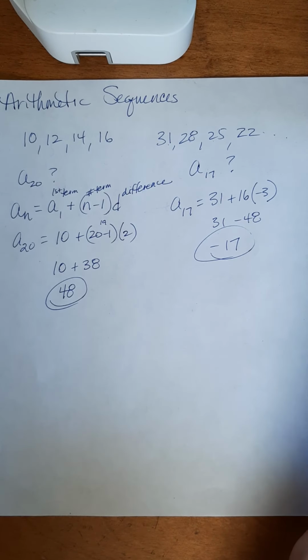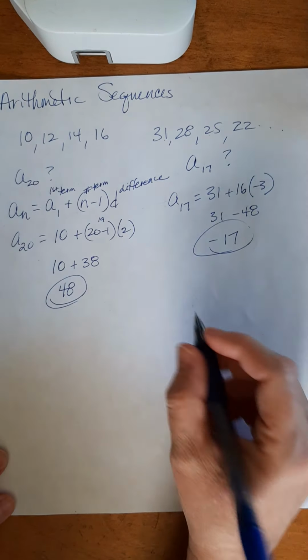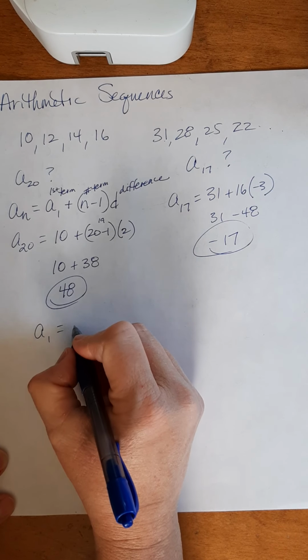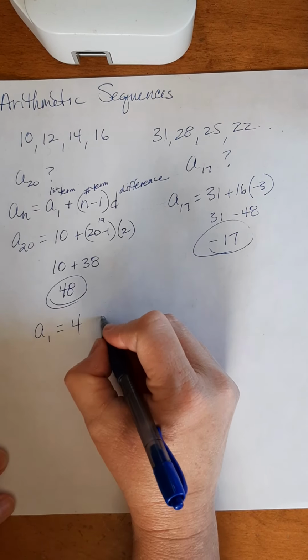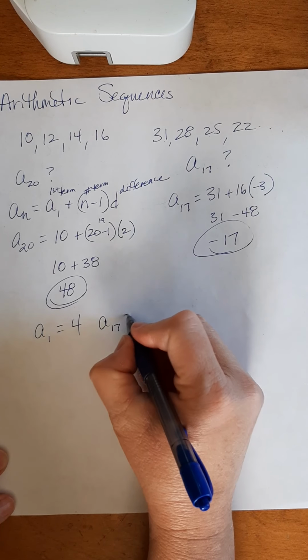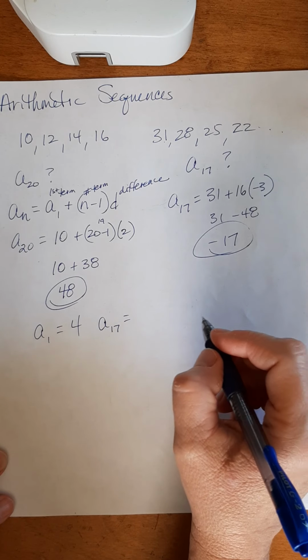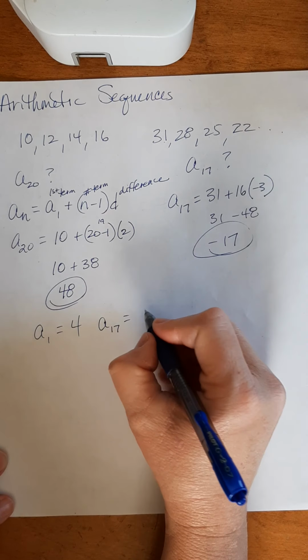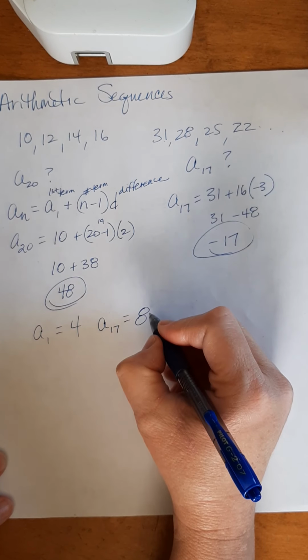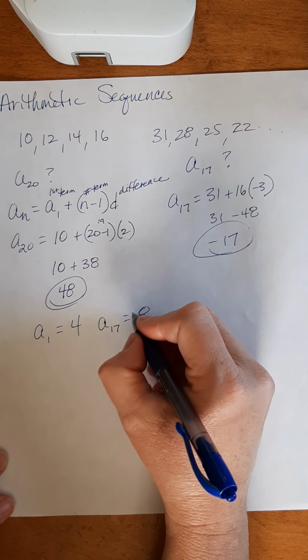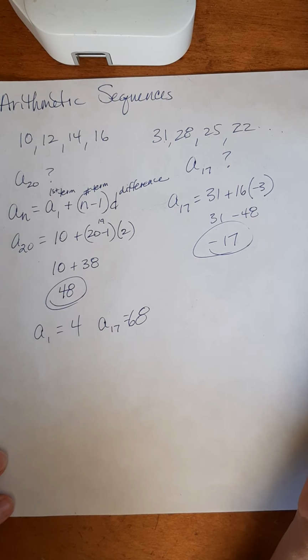But sometimes what they'll do is they might give you the first term is, I don't know, 4. The 17th term is, I don't know, 82. Well, on second thought, let's say 68.